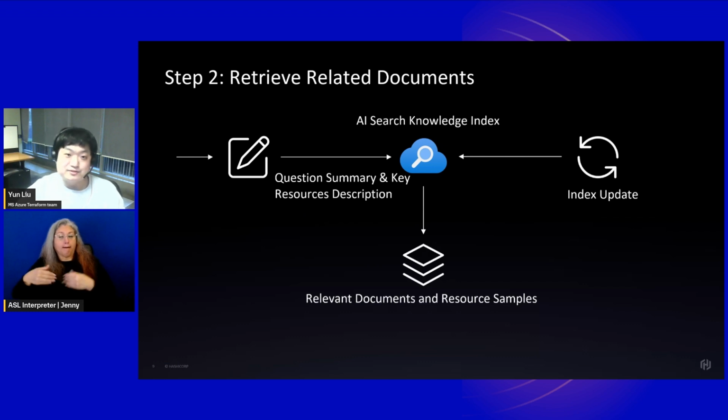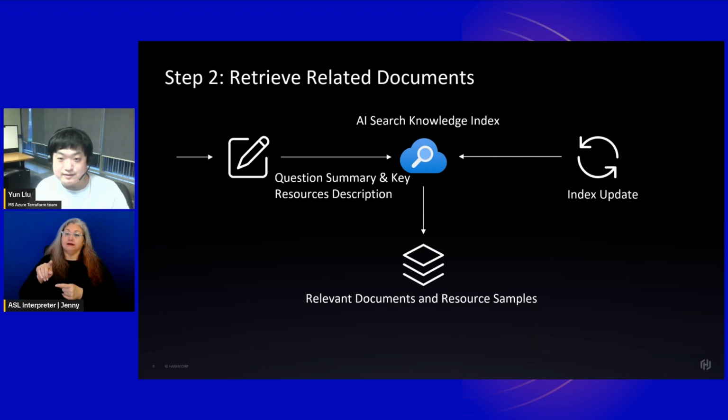Please help us select, for example, the top five most relevant resources. It will help us to reselect the relevant documentation and resource samples. After this, we will take these reselected results into the next step.